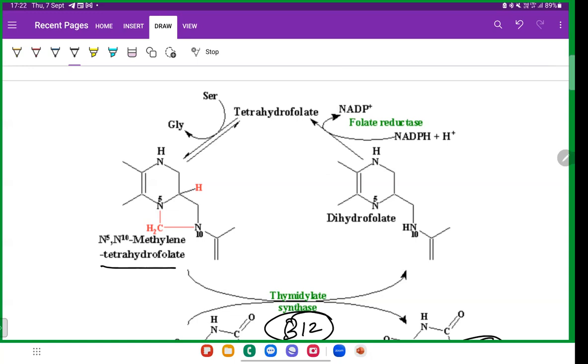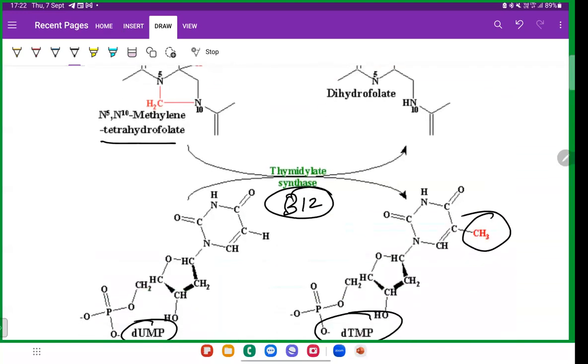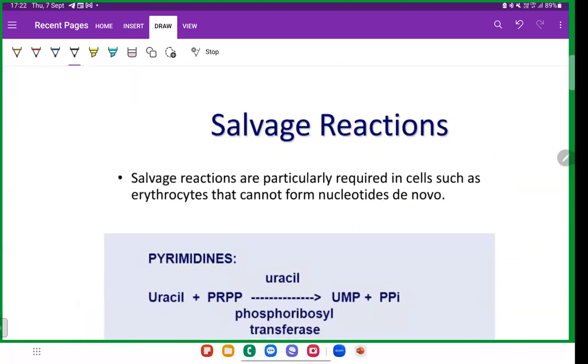Who is donating? Serine gets converted into glycine and donates the methyl group. That is what helps your conversion. So again that forms N5N10 methylene tetrahydrofolate. So who is important here? Vitamin B12 is important, vitamin B9, folic acid, is important. So for the formation of thymine that is present in the DNA, what you need is vitamin B12 and vitamin B9. That is what I want you all to understand.